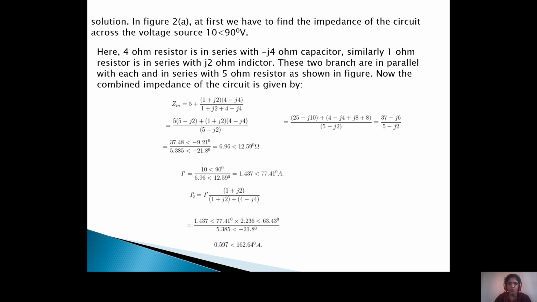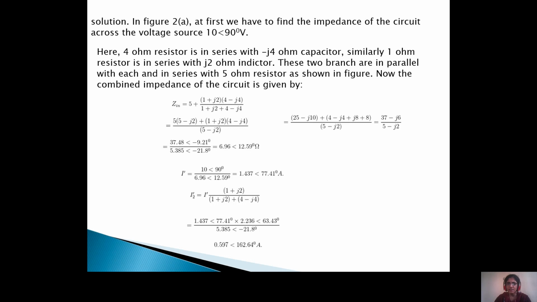So we get 37.48 at an angle of minus 9.21 by 5.385 at an angle of minus 21.8 degrees. So we get 6.96 at an angle of 12.59 degrees.